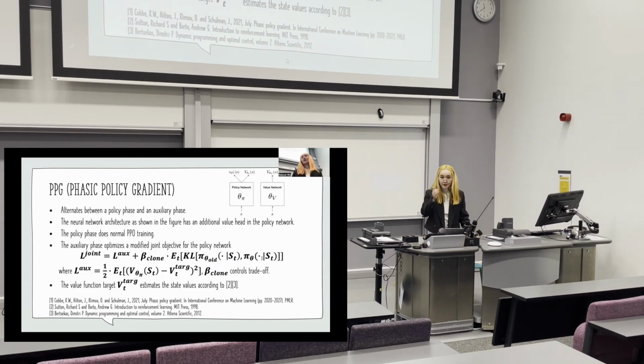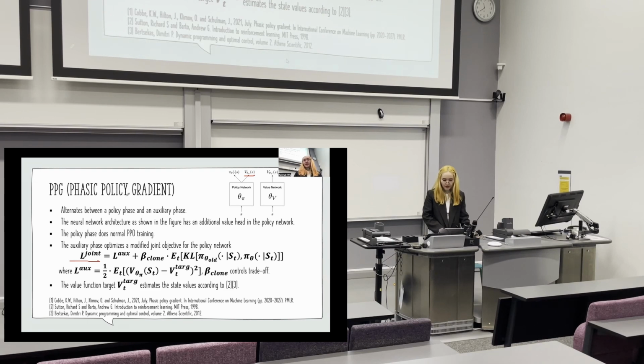And another interesting algorithm is called PPG, which alternates between a policy phase and an auxiliary phase. The policy phase does normal PPO training. The auxiliary phase optimizes a modified joint objective for the policy network, which is because this algorithm adopts a new policy network architecture with an additional output of the value function here.